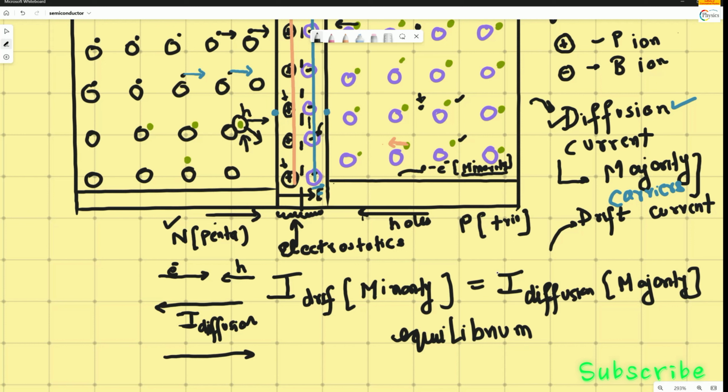So electrons are getting attracted to the phosphorus ion. So the direction of the current is reverse in the case of drift. So drift and diffusion are happening parallelly, but in different directions. The net current that flows is zero at the position of equilibrium.